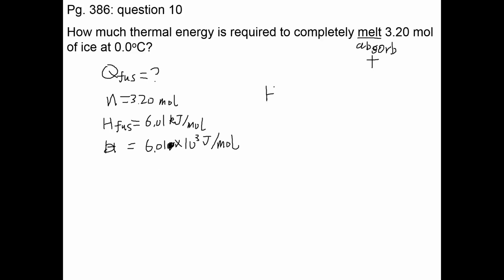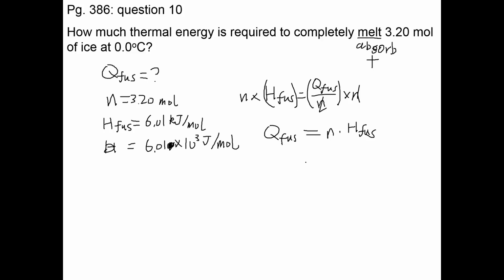Once again, we'll write down our formula. The energy required to melt the ice would be number of moles times the heat of fusion. Just simple rearranging, multiply n to both sides. Be careful, you can only do this because n is in the denominator. n and n cancel.